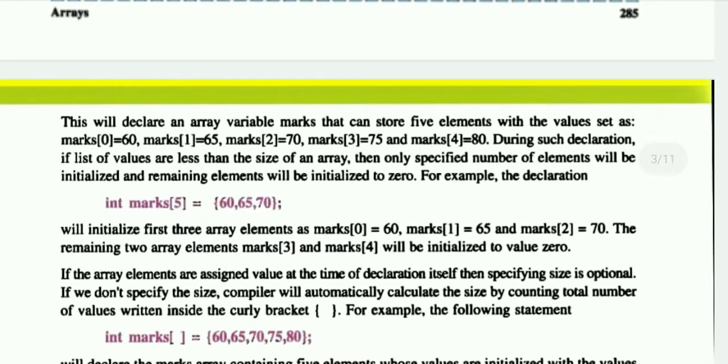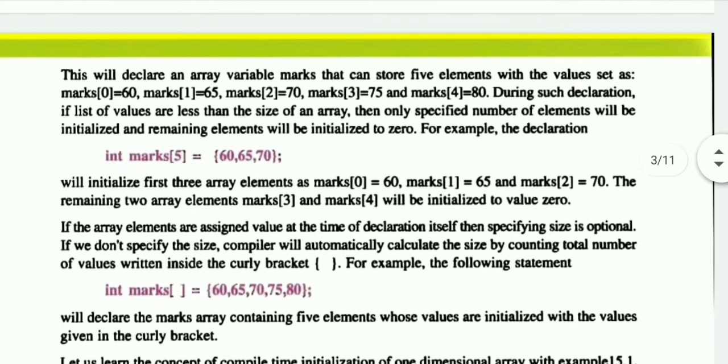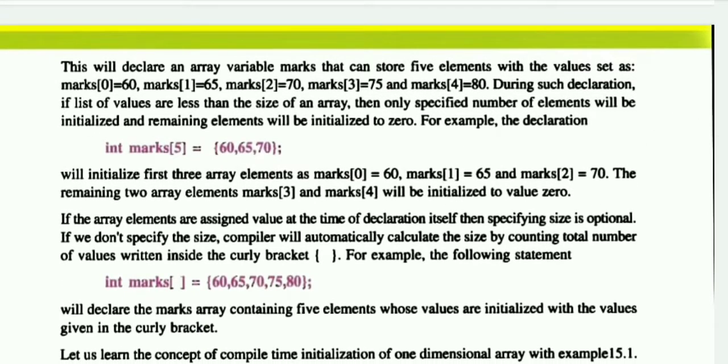Here you can see that in the square bracket I haven't written anything, and in the curly brackets I have simply given my values. Based on how many values I have given, the compiler will automatically set the size of my array. So this is about the declaration of your array variable, and this is the example of compile time array initialization.